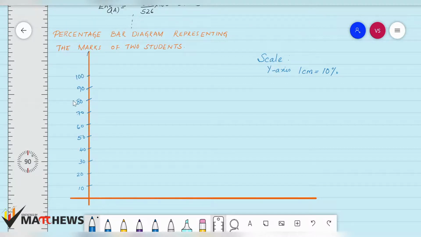This is all about percentage marks. Okay, students, this is all about percentage marks.